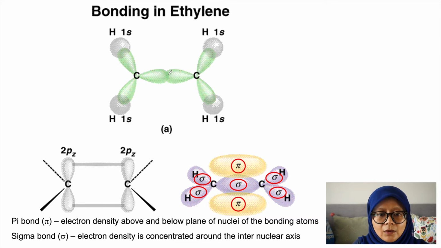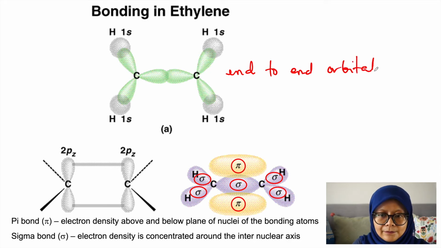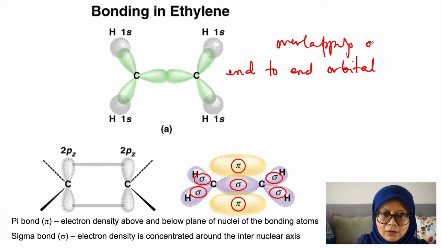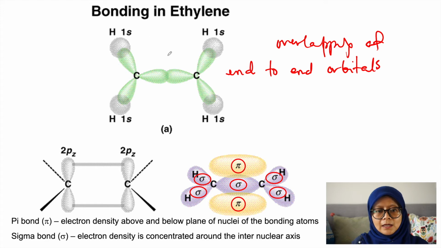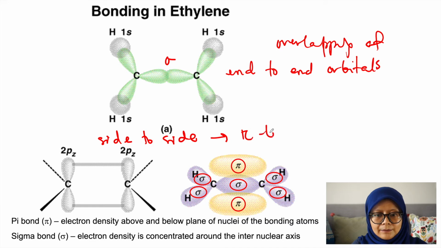So here, this is also the same compound where we have the overlapping end-to-end of orbitals. Overlapping of end-to-end orbitals will form a sigma bond, while side-to-side overlapping will form a pi bond.